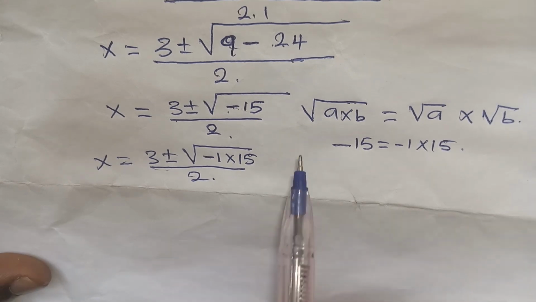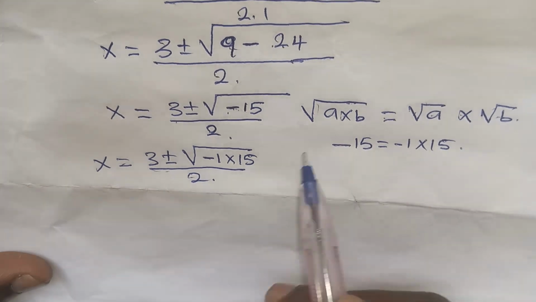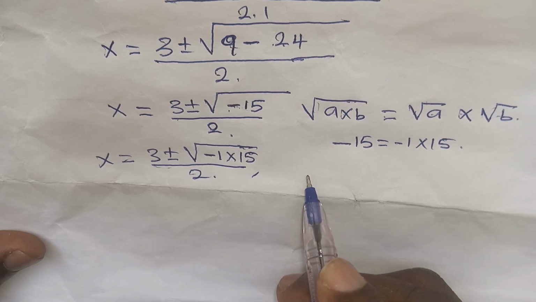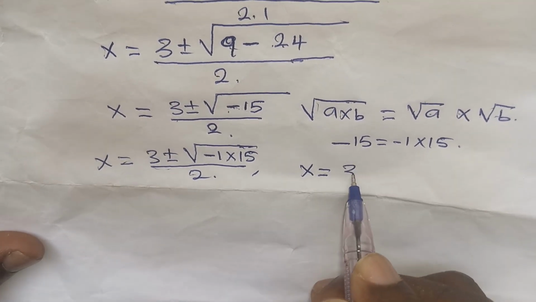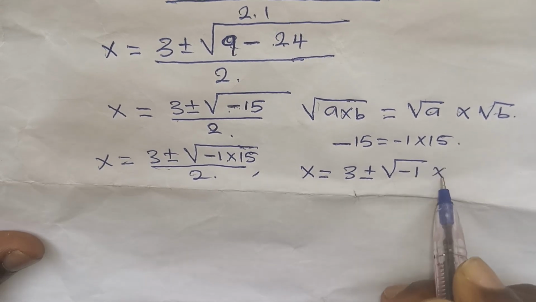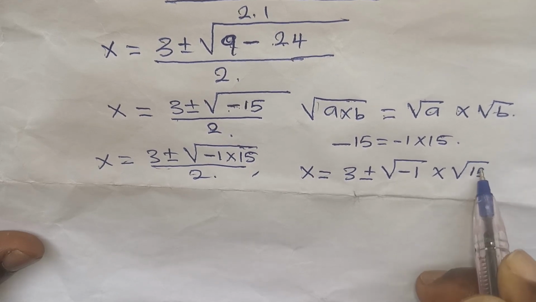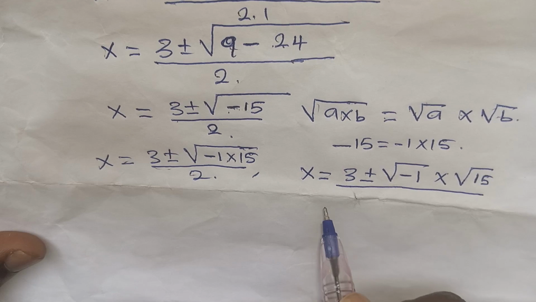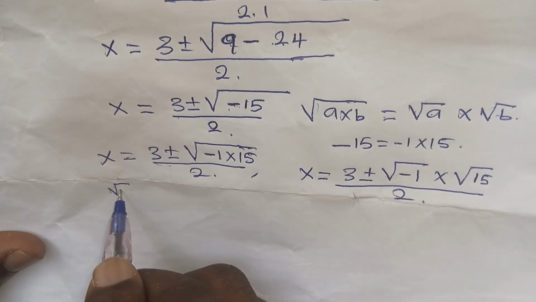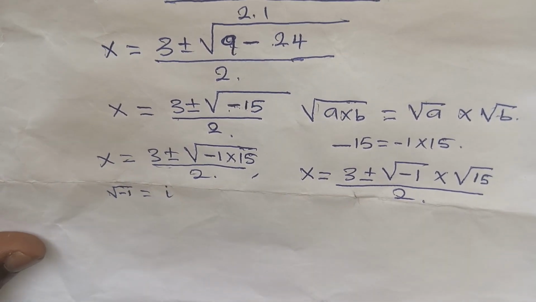We said the square root of a times b is also equal to the square root of a times the square root of b, so we have x is equal to 3 plus or minus the square root of minus 1 times the square root of 15 over 2. And the square root of minus 1 is equal to i, which means your imaginary value.